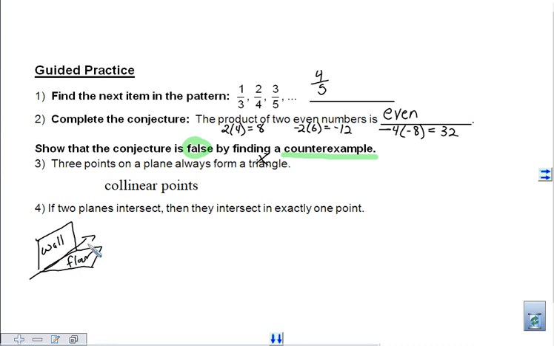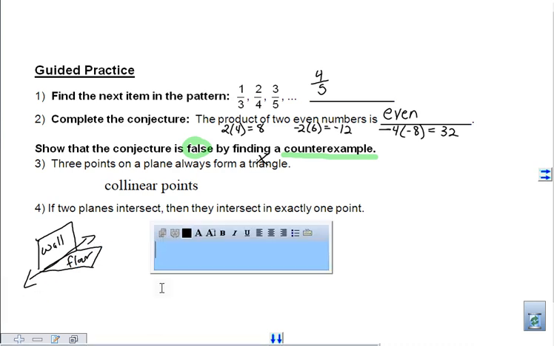They make a line. So 2 planes intersect at a line.